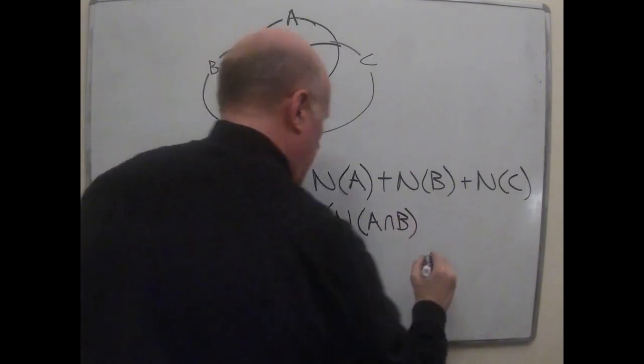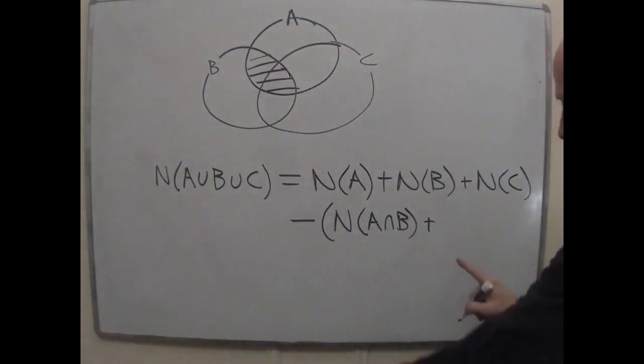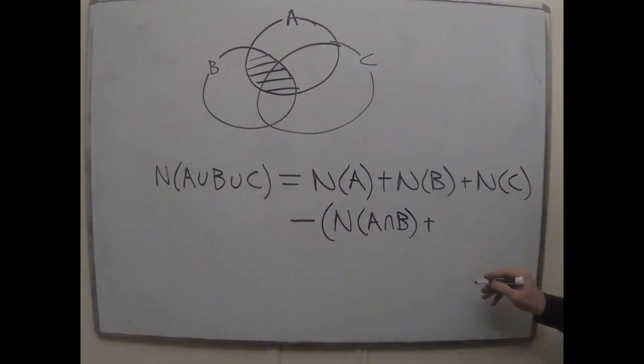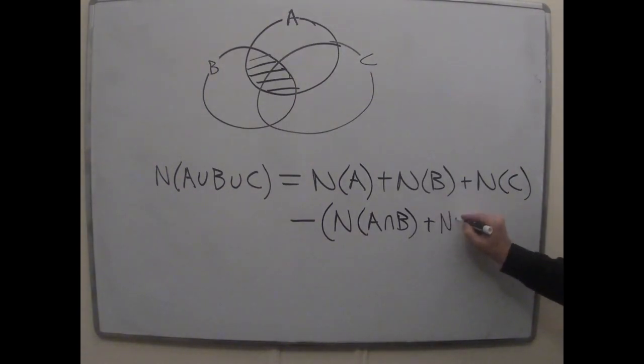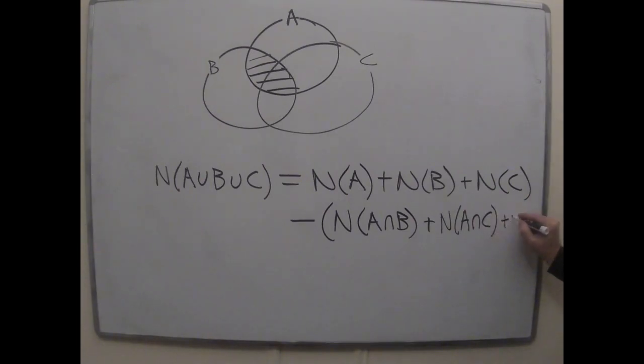That's A intersect B, but we'll also want to remove, and I'm going to group these so that we subtract them all at once, n of A intersect C, and finally n of B intersect C. Sorry, I'm at the edge of the board. And then there's one more parenthesis that there's really no room for. Okay. So I start with all the sets' sizes, then I subtract out all their intersections. What's wrong with this?